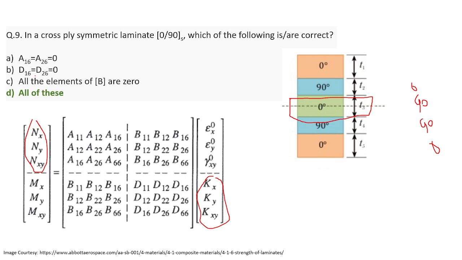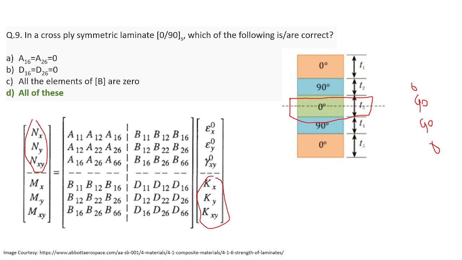Then comes the D matrix. Here you can see it is relating the moment with the rotation. So for D, when there is a moment in x direction, there won't be any rotation in xy plane. Therefore, D16 will be 0.